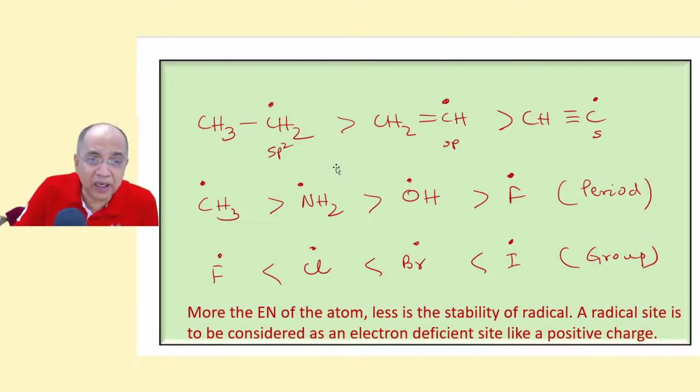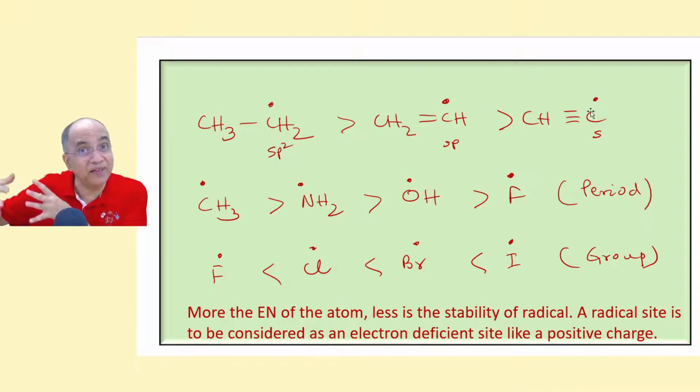And similarly, like carbocations, the vinyl is less stable than ethyl, and the ethynyl radical is least stable, because this is sp hybrid orbitals, and this is sp2. So this will be treated like a positive charge.